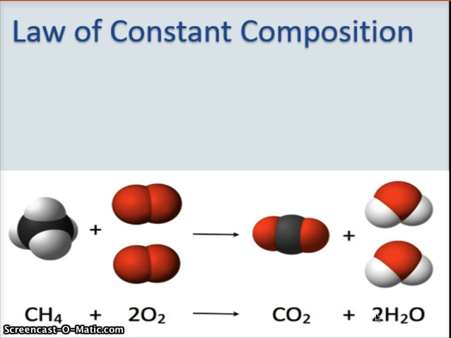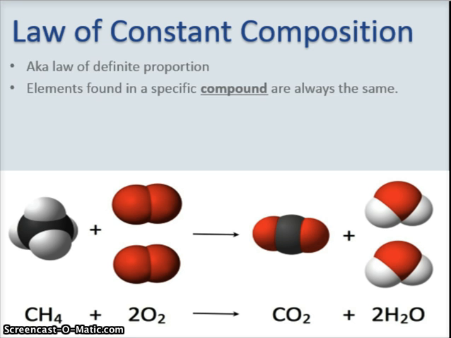So there's a 1-to-18 ratio. Just know that the ratios are the same. So the ratio for CO2 is 1 to 2, the ratio for CH4 is 1 to 4, and there is a mass ratio too. So let's look at the notes.